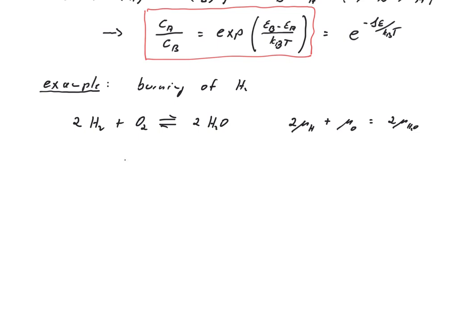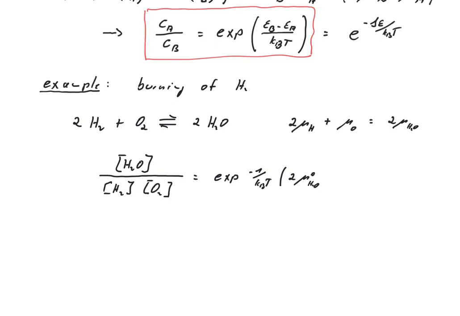Now, using the expression above, we can calculate the final concentrations of all the substances, and we obtain that the concentration of the water molecule squared divided by the product of the concentrations of the hydrogen molecules squared times the oxygen molecules is equal to e to the power minus 1 divided by kBT times the difference of the chemical potentials of the left and right hand side.